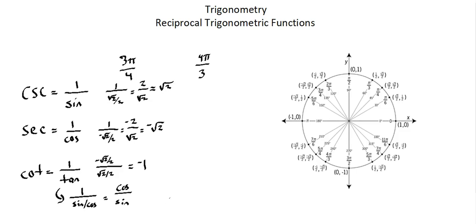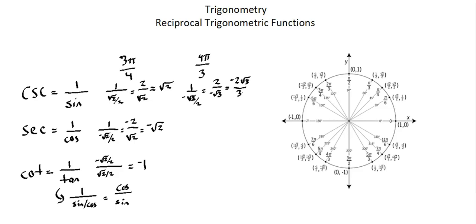Let's do a second set with 4 pi over 3. 4 pi over 3 has a sine value of negative root 3 over 2. So cosecant will be 1 over negative root 3 over 2, which equates to 2 over negative root 3, which we can rationalize as negative 2 root 3 over 3.